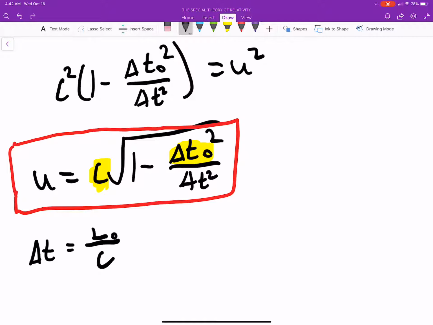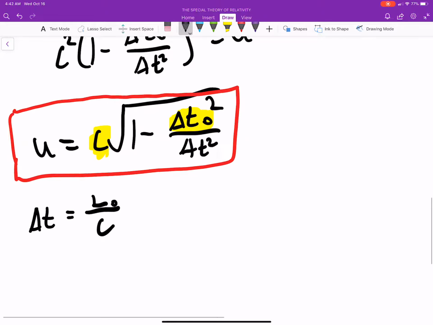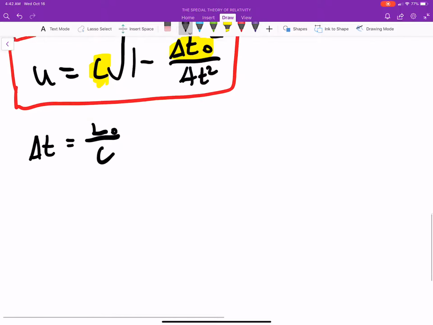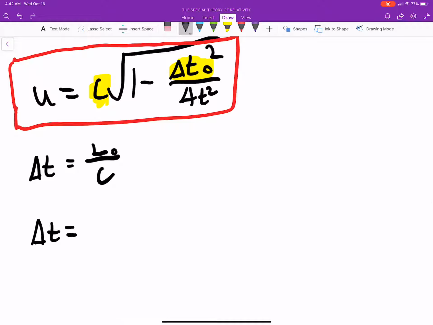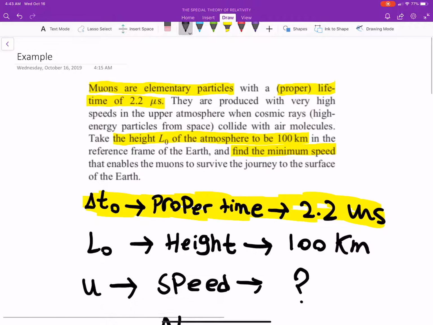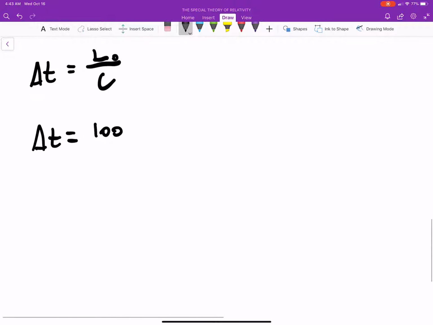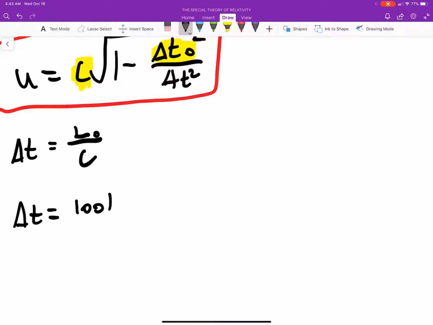The distance these muons are traveling is the 100 kilometers. That's just from the atmosphere down. 100 kilometers times, actually, let's do this. Let's convert it to meters real quick. Was it 100 or 1,000? It was 100. Let's just do this.